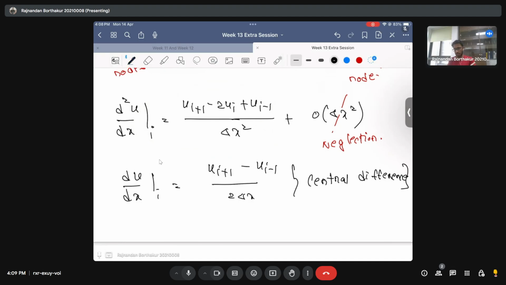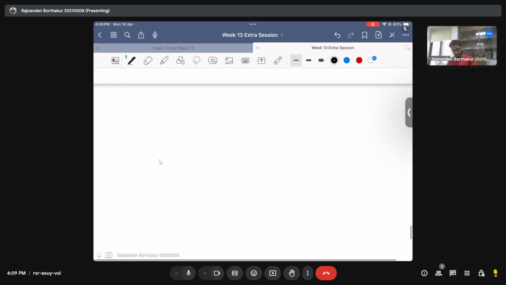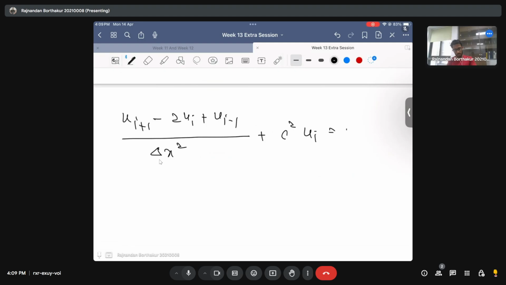So if you just substitute it in the governing equation, what you get is u of I plus 1 minus 2 times u of I plus u of I minus 1, divided by delta x squared, plus c square u of I equals 0.